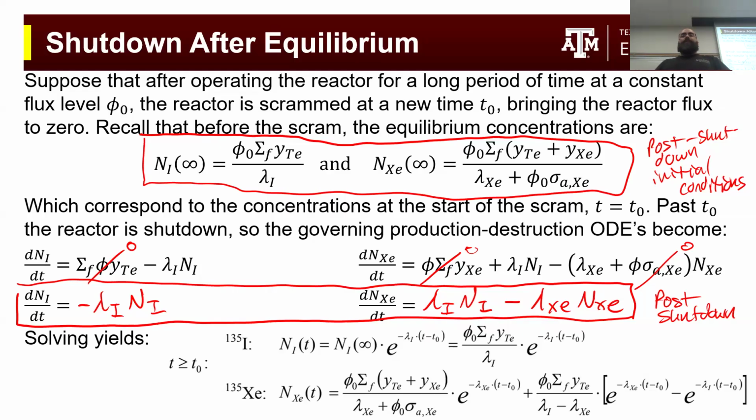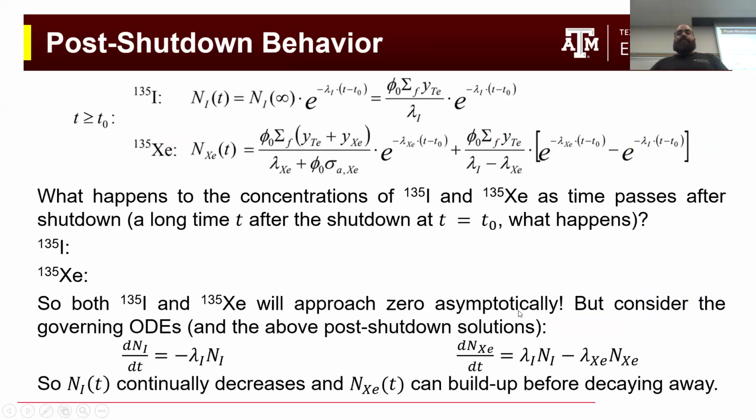So what we would then want to ask is, once we've shut it down at t0, how much longer after t0 does it take for my concentrations to come to a new equilibrium? And what would those new equilibrium concentrations look like? So we're going to take these post-shutdown solutions and evaluate them as t goes to infinity.